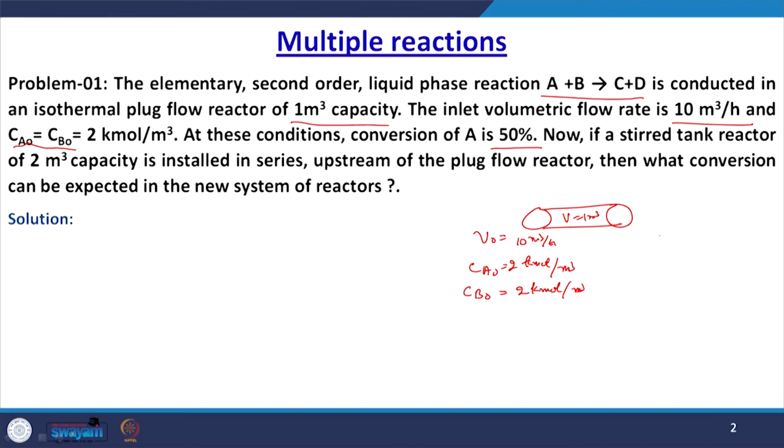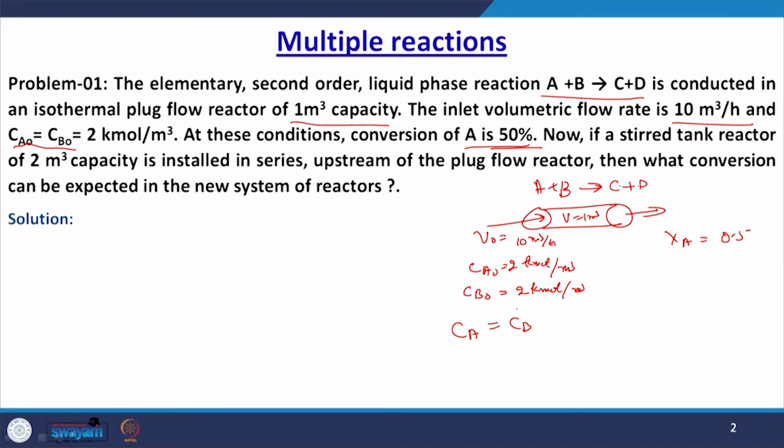The reaction is A plus B converting into C plus D, and because the conversion is 50%, Xa is 0.5. Based on the equal stoichiometry of the reaction, Ca is equal to Cb.